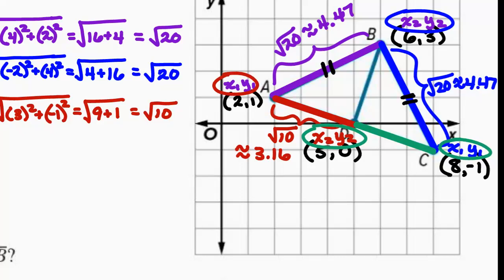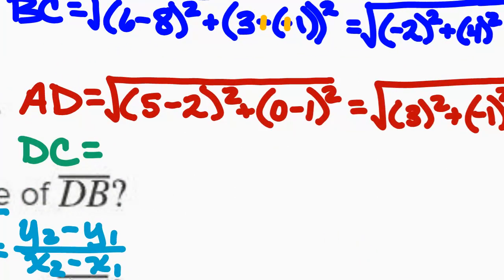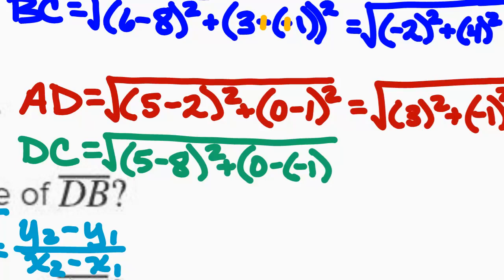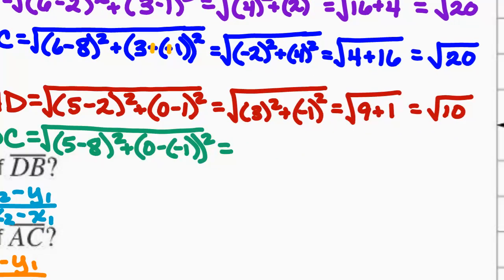So x2 minus x1, 5 minus 8 underneath my radical. Take that and square it. Plus y2 minus y1, 0 minus negative 1. Close my parentheses and square it. 5 minus 8 would be negative 3 squared.